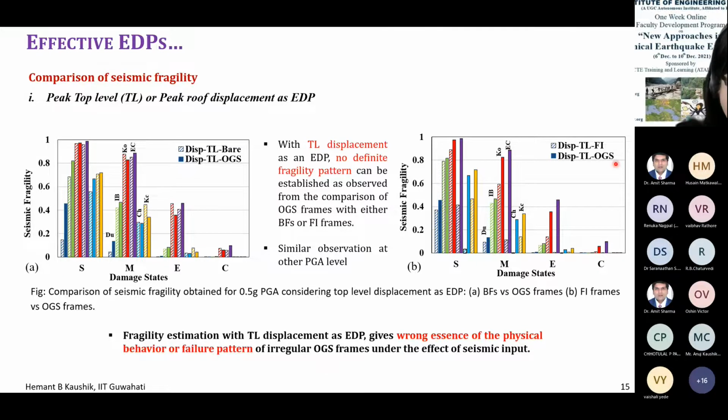Even in the comparison between fully infilled and the open ground story, the same situation is there, right? So what I want to show here is that the fragility estimation with top level displacement as EDP gives the wrong essence of the physical behavior or the failure pattern of irregular open ground story frames under the effect of seismic input.